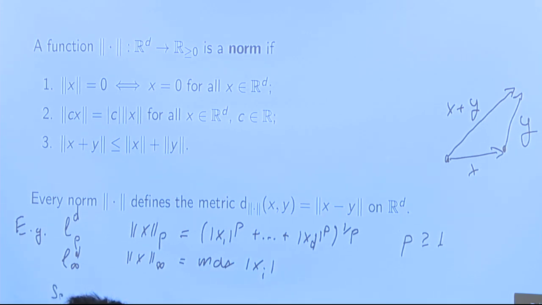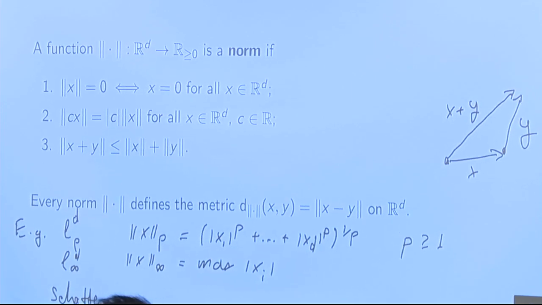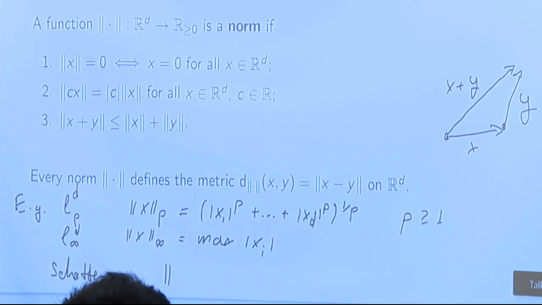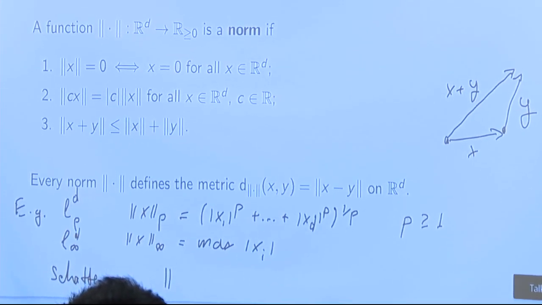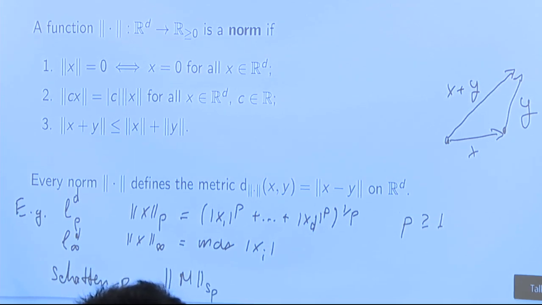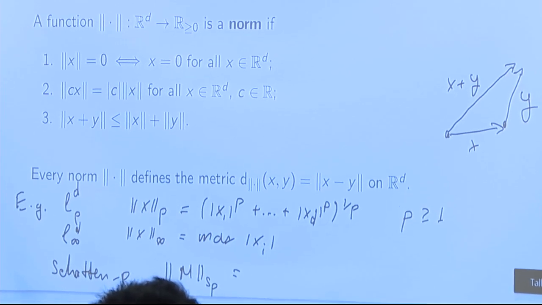And one more example that I'll mention a few times is Schatten-p norms, which is basically the LP norms applied to the singular values of a matrix. So here, I lied a little bit. I said that all my vector spaces will be R to the D. For Schatten-p norms, the vector space is the space of, say, D by D matrices. And the norm of a matrix, which I write like that with SP, is basically the LP norm of the singular values of the matrix.